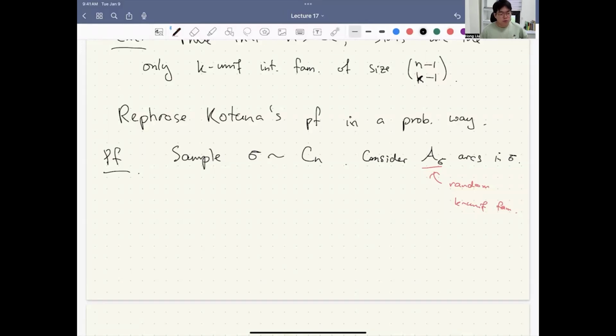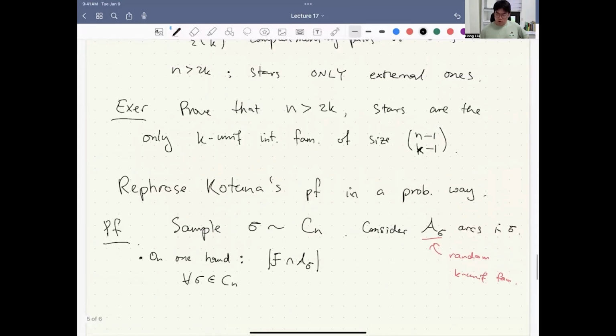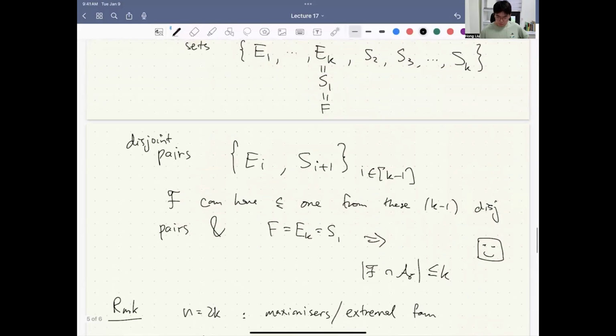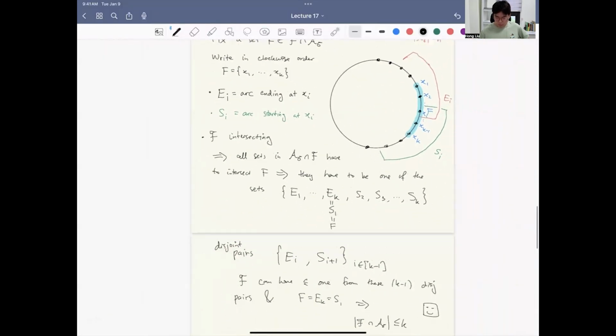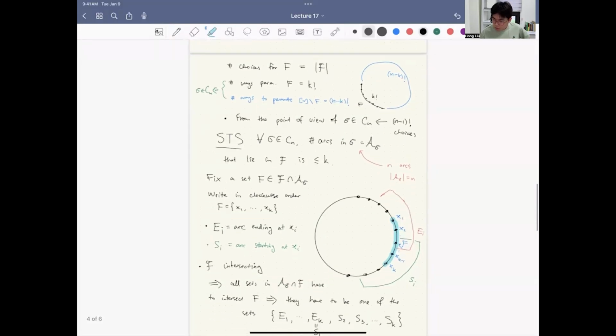All right. Now, on one hand, we are again going to look at the cardinality of A intersect F. On one hand, for any cyclic permutation in Cn, remember our claim above.